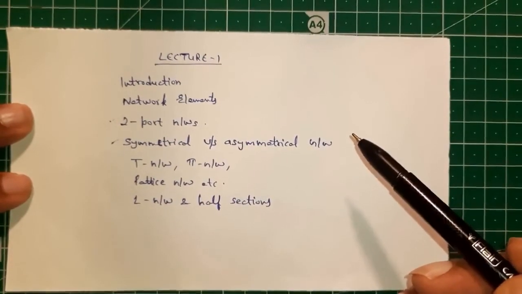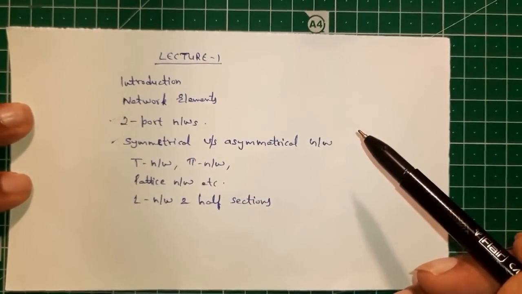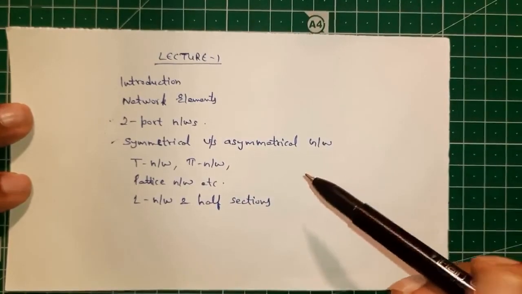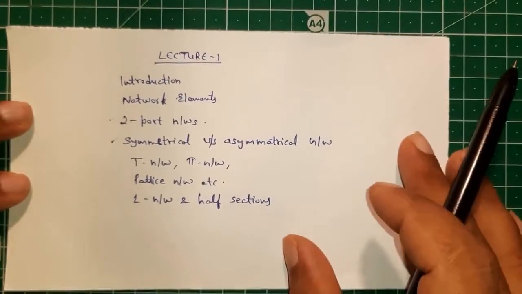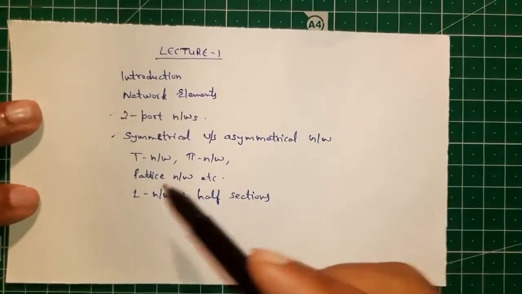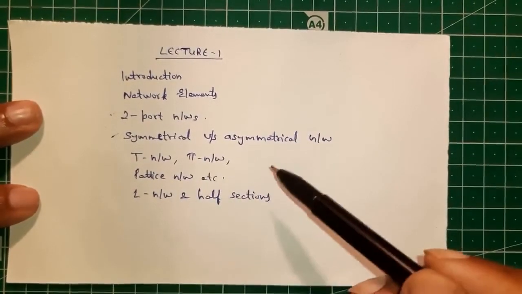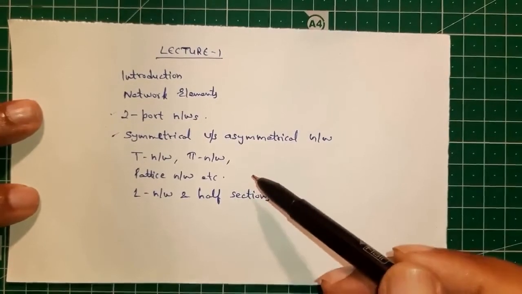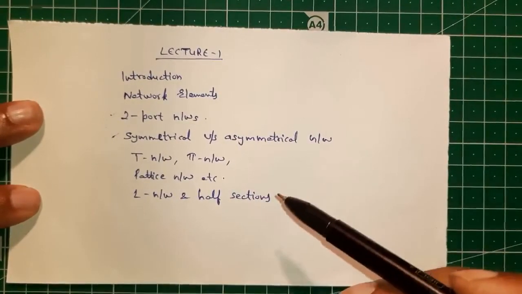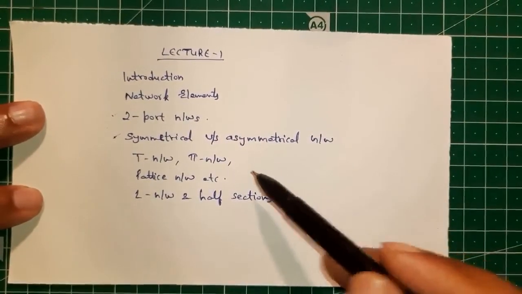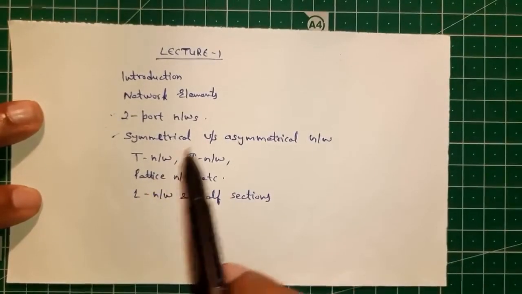How we can test whether this network is symmetrical or asymmetrical with respect to T network. We have seen the example. Then we have seen some network configurations like T network, pi network, lattice network, bridge T, twin T, etc. and their applications, why these networks are used.